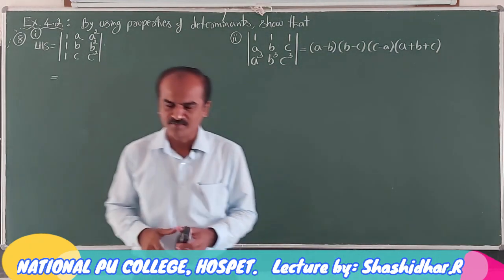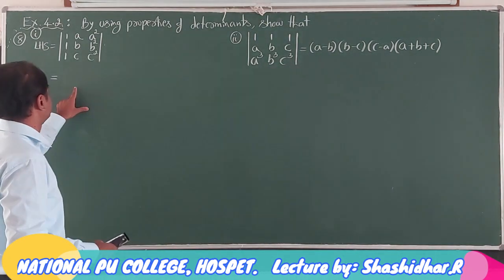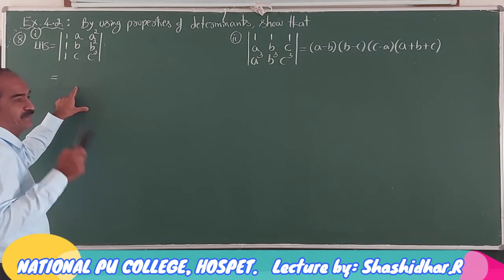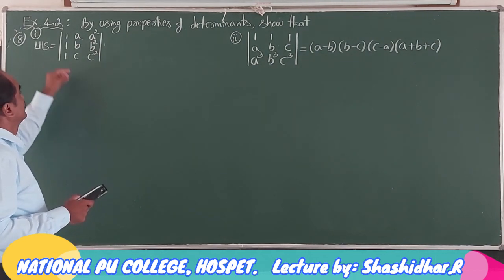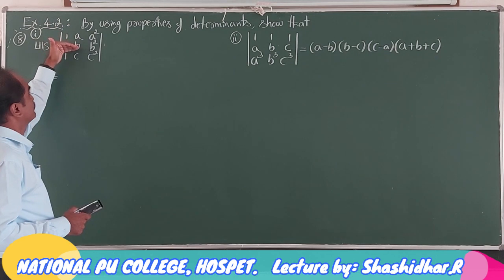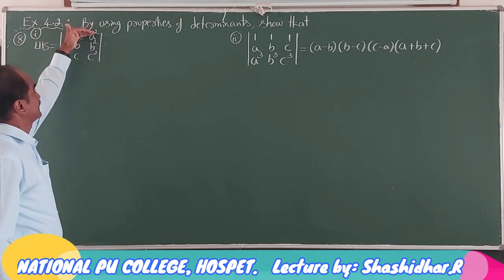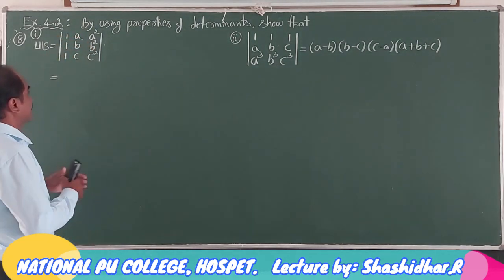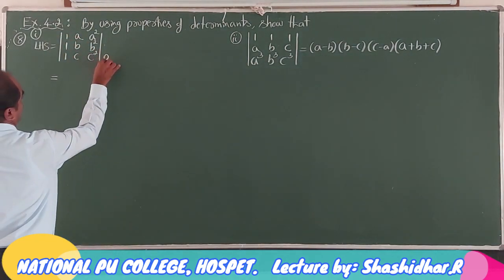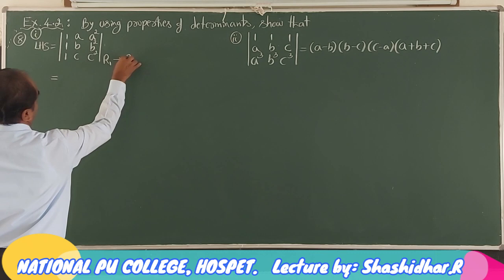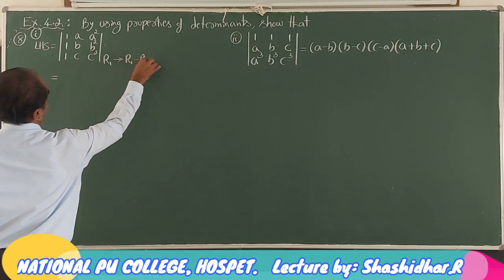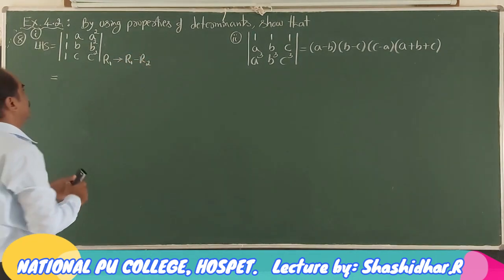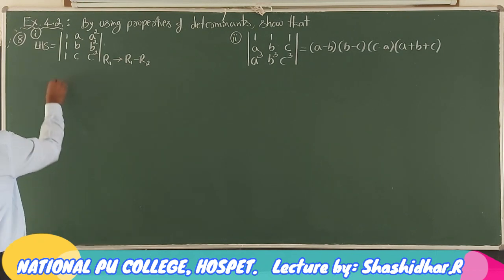Now, if you observe carefully the elements, I need a minus b factor. In the first row a is there, here b is there. Third element a square, b square. Now, if I write the row operation, say R1 changes to R1 minus R2. I am changing R1 elements. Let us see what are the elements you are going to get.